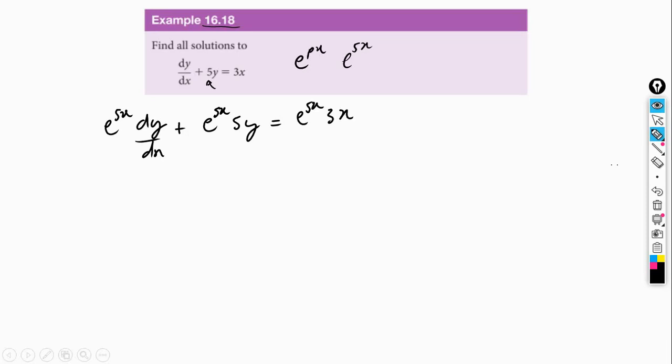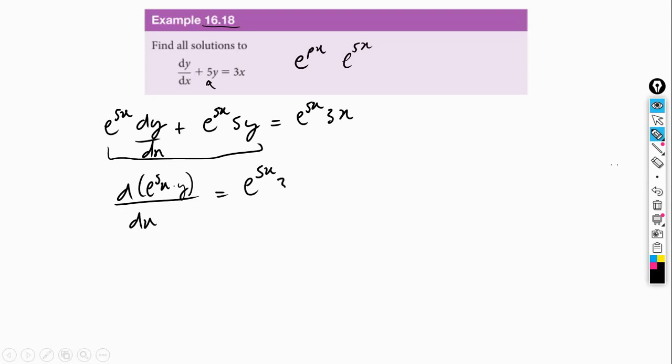But notice that what's on the left-hand side is simply the product rule of the derivative of e to the power of 5x times y. And on the right-hand side, it stays the same, e to the power of 5x times 3x.